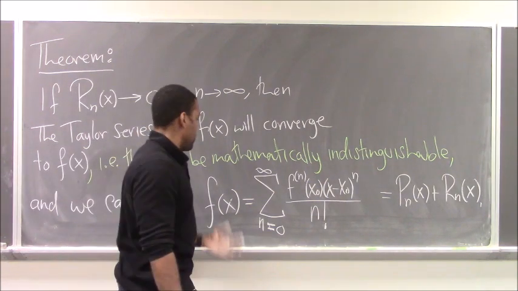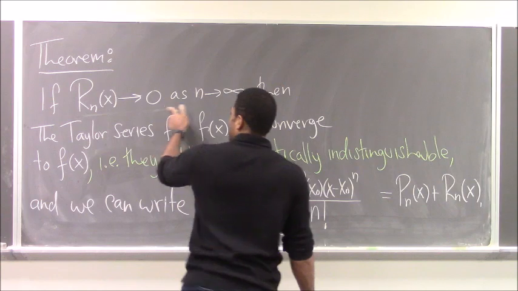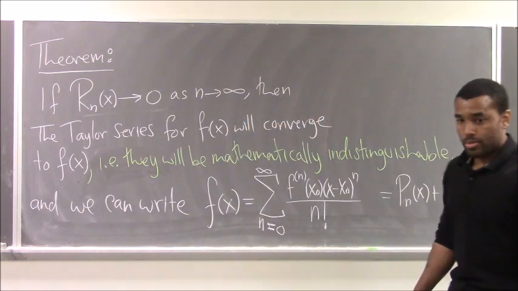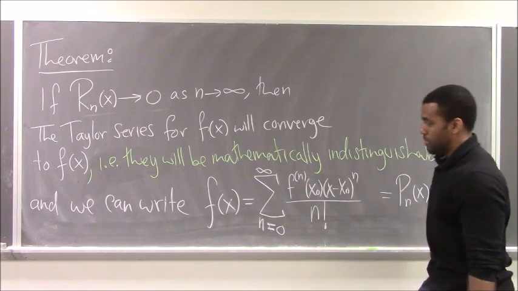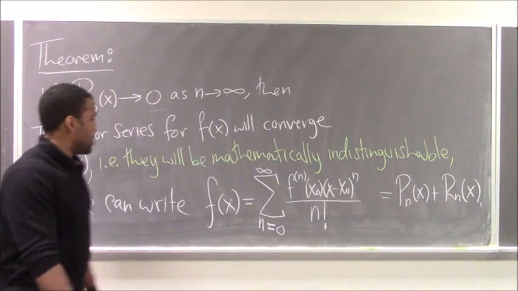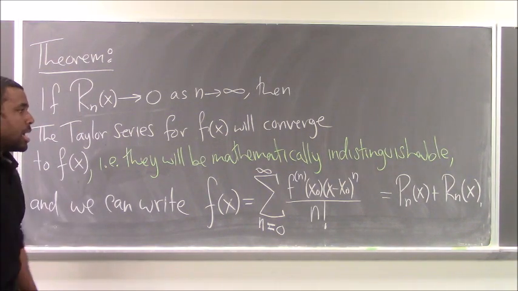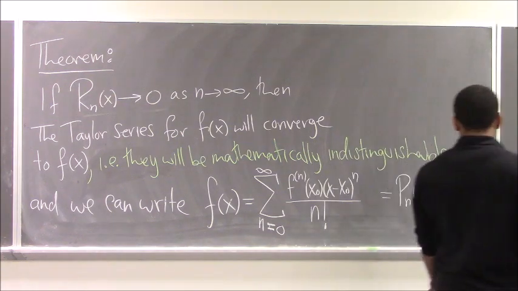Like, these two are exactly the same thing, right? I can think of a function as an infinite series, provided that this thing is true. Which is crazy, kind of. Not going to prove it for you, but that's very nice. Your book actually proves it, but we ain't got the time or the manpower.